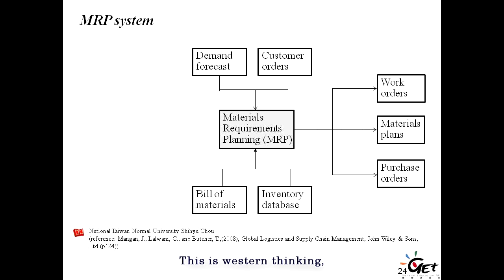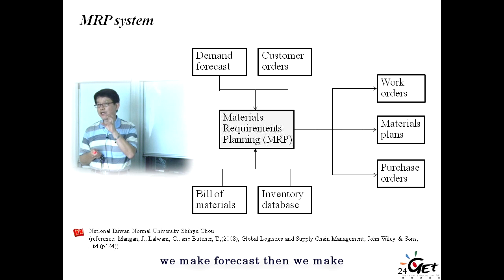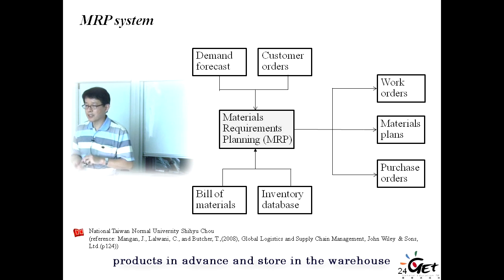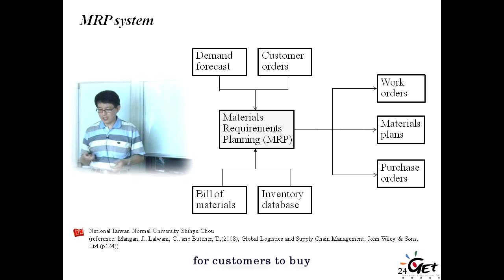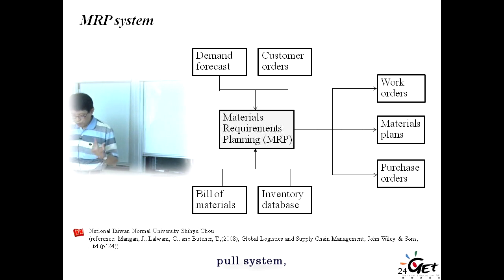But this is Western thinking. This is the so-called push system. We make a forecast, and then we prepare. We make the products in advance and store them in the warehouse for the customers to buy. But previously we mentioned the pull system.